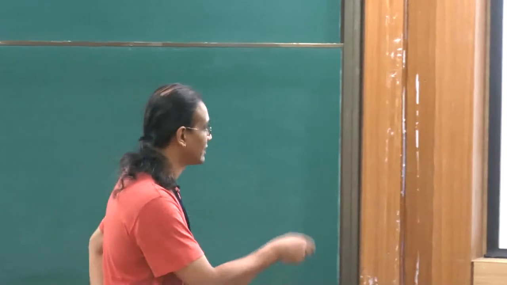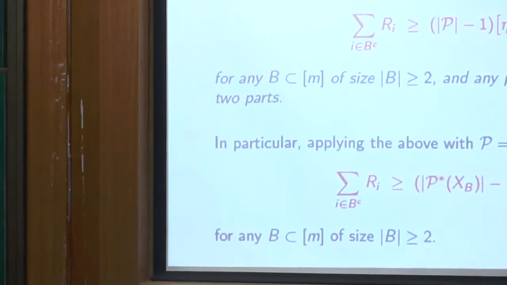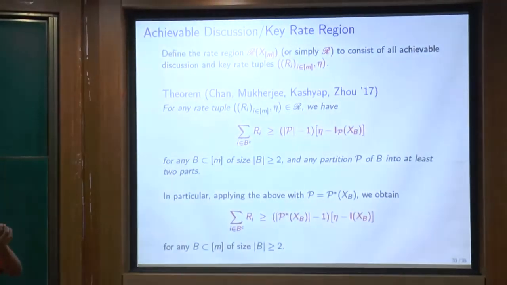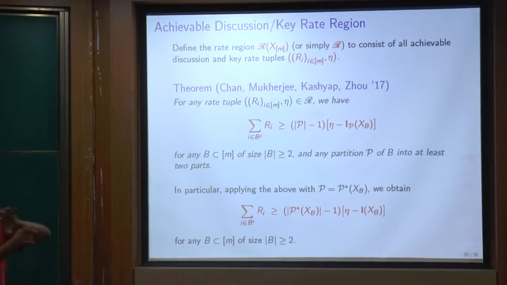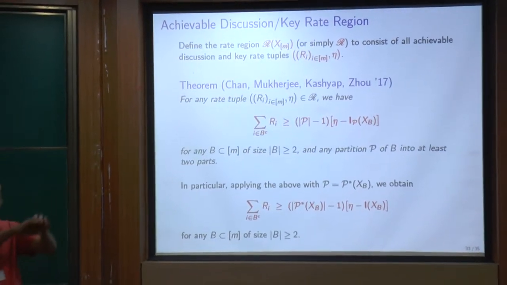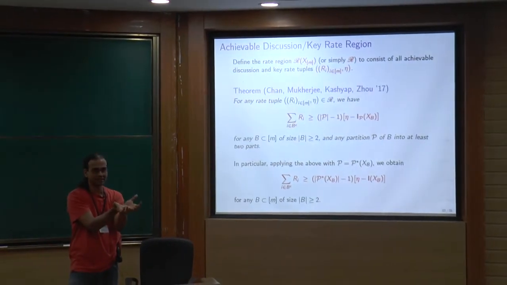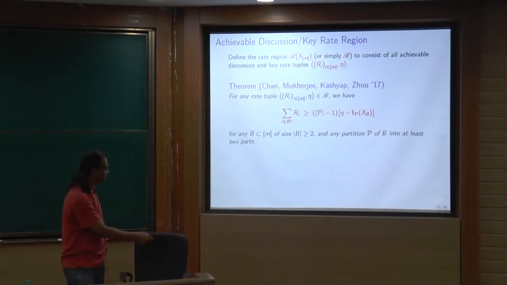One consequence of that result I just want to mention. As a consequence, we have inequalities of this nature. For example, this says that if I have some subset P of the terminals, within that subset P there is some part of the source that it observes. That subset by itself may be able to generate a maximal rate secret key which will have this rate.